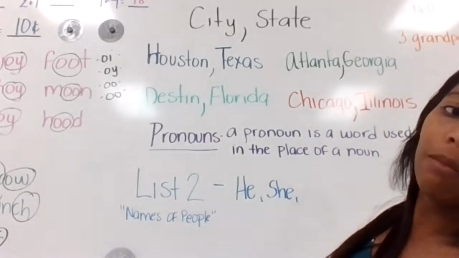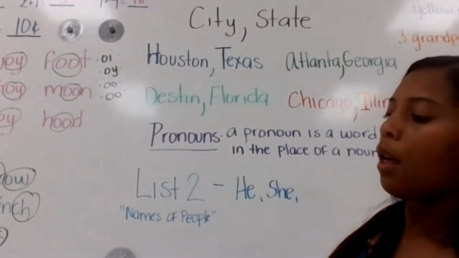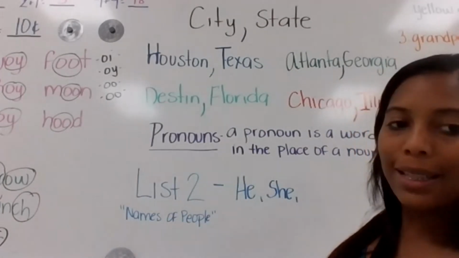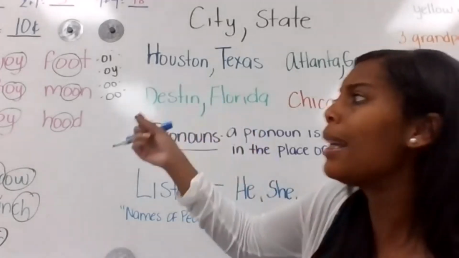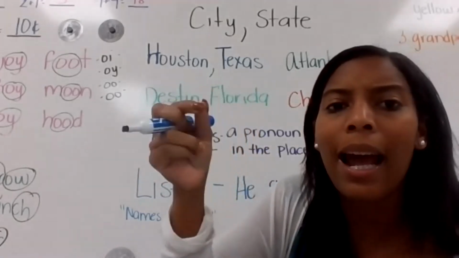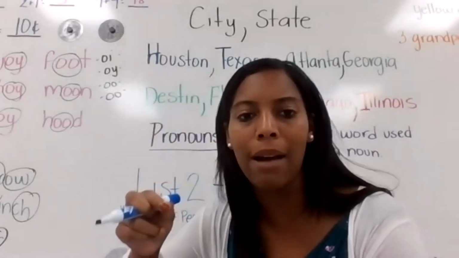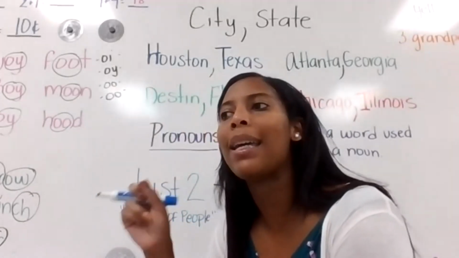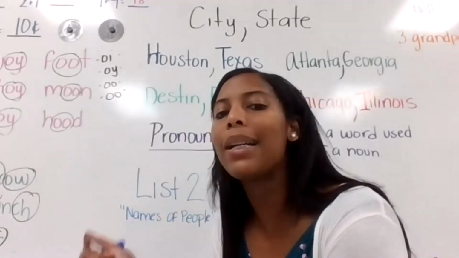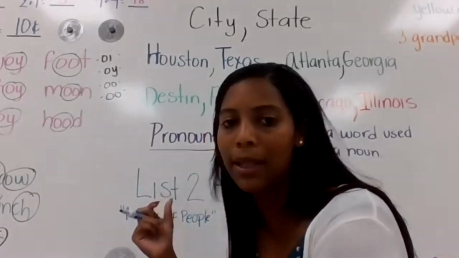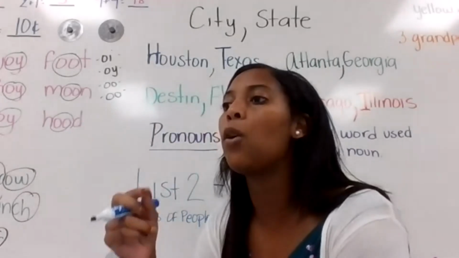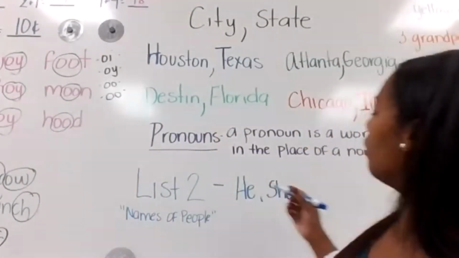Okay? Not done. So if I would say the backpack is for Tim. Instead of saying the backpack is for Tim, I don't want to say the noun Tim. I want to use a pronoun. So I could say the backpack is for, what would I say instead of Tim? The backpack is for, you can't say he. That doesn't make sense. Him. The backpack is for him.